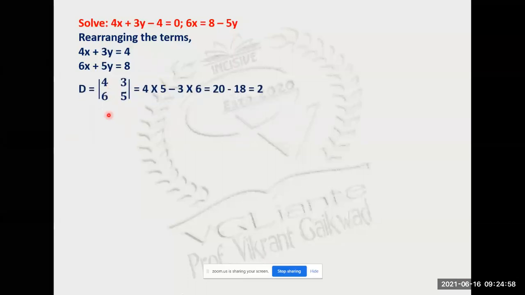Understood? Check, coefficients of x first, that is 4, 6, then the coefficients of y, 3, 5. Now you will multiply diagonally: 4 into 5 minus 3 into 6. So that is 20 minus 18, which equals 2.